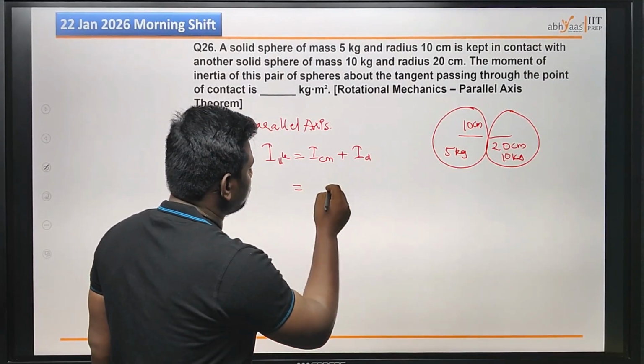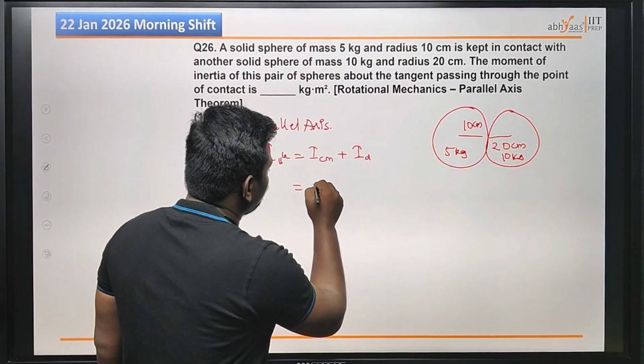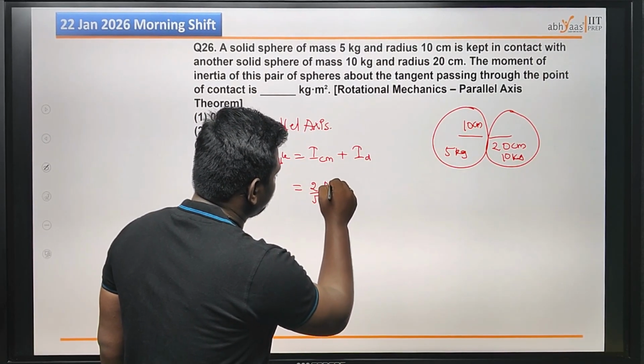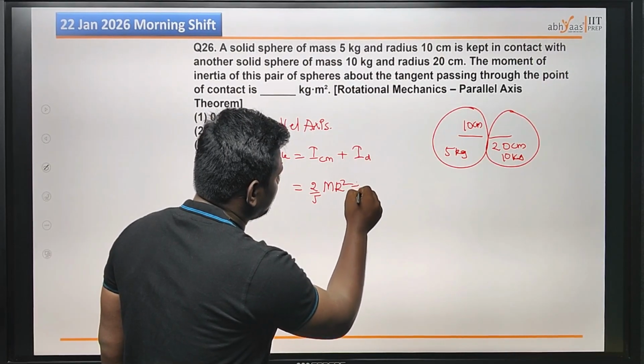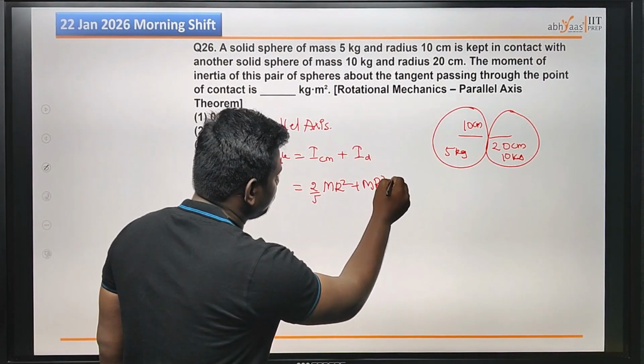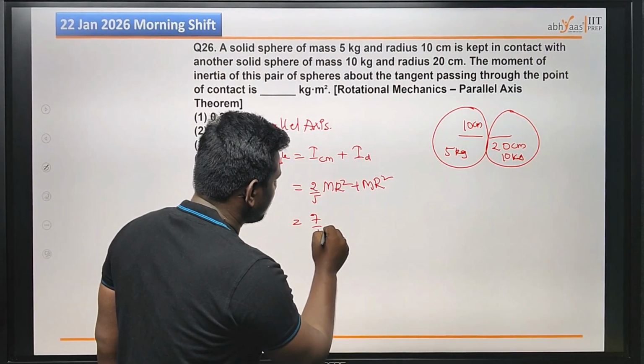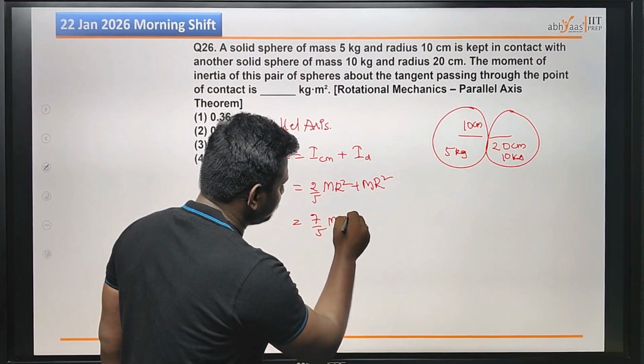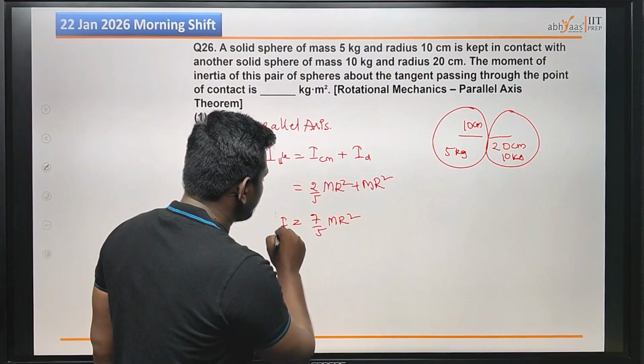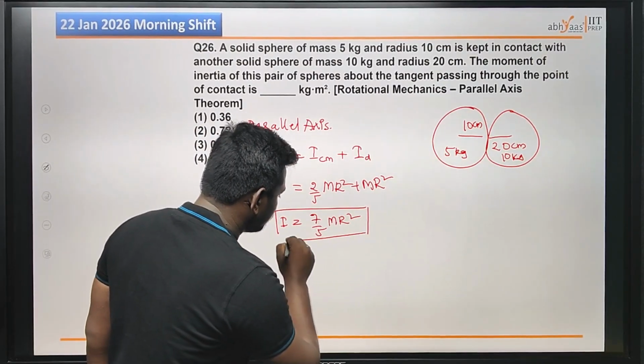So we know this formula: 2 by 5 mr square plus mr square. From this you can write 7 by 5 mr square. This is our moment of inertia of the solid sphere.